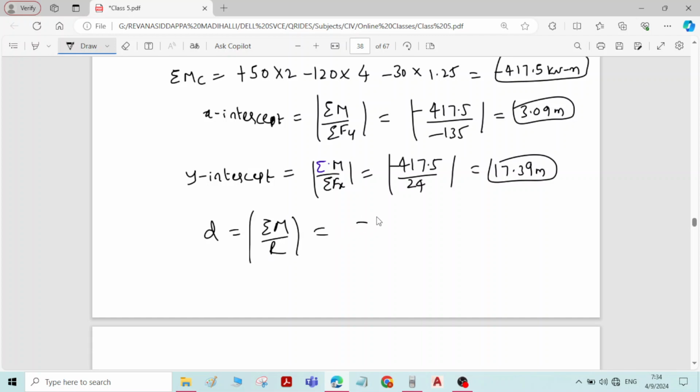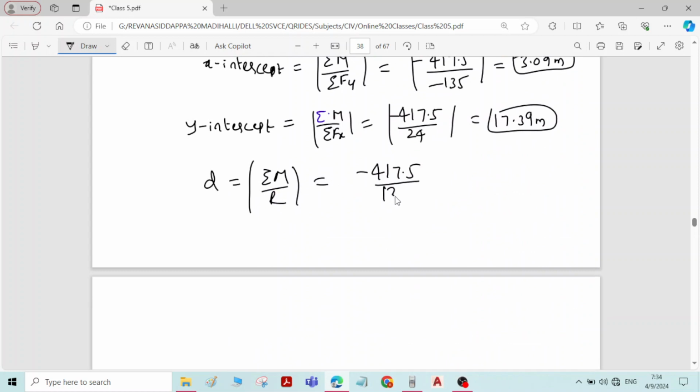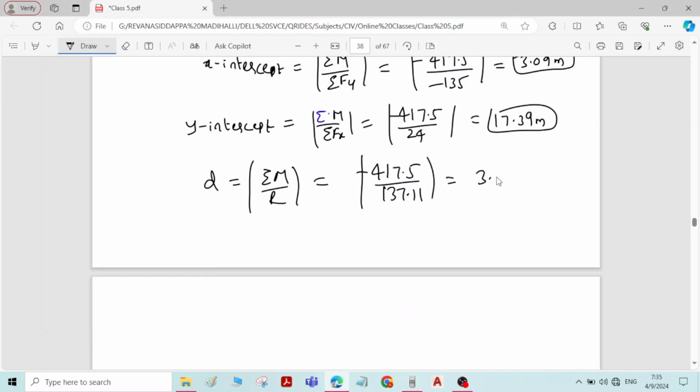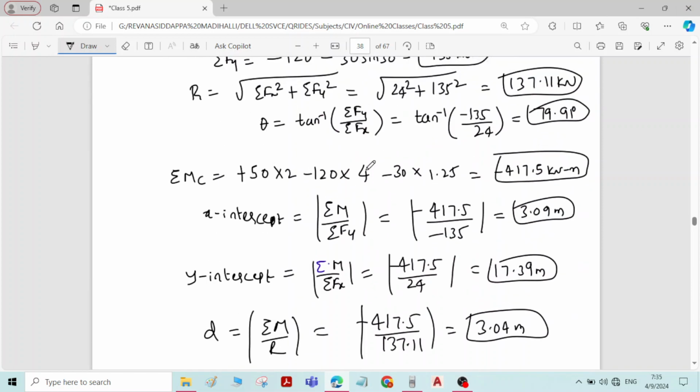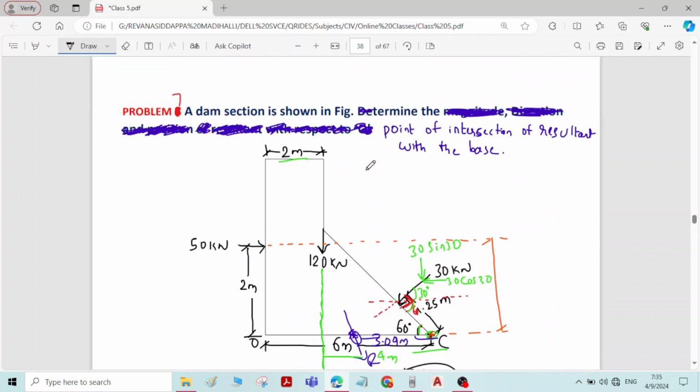Sigma M is minus 417.5, and the resultant force is 137.11, therefore 417.5 divided by 137.11 is 3.04 meter. You have to put the answer with a positive sign only because of the modulus. Okay, so the position of the resultant force we have determined. So this completes the problem.